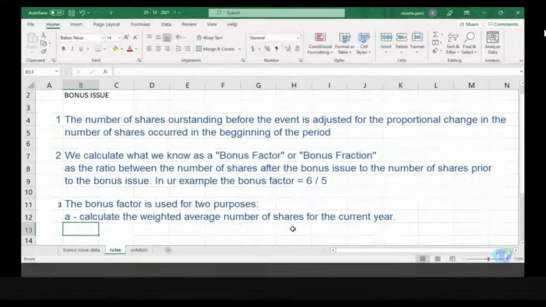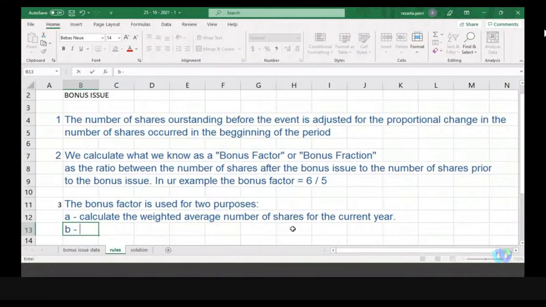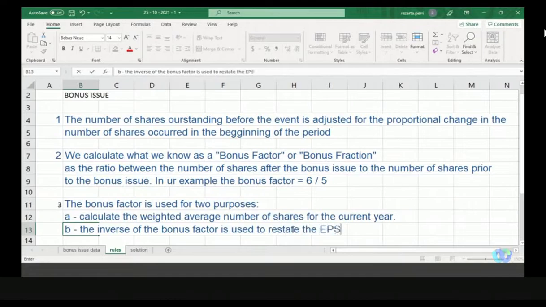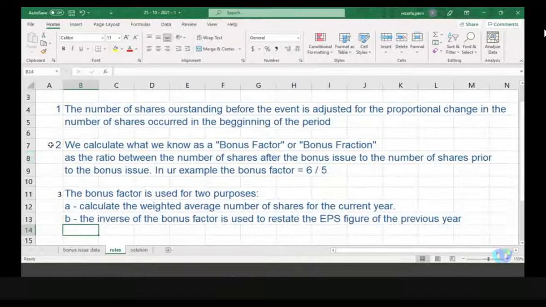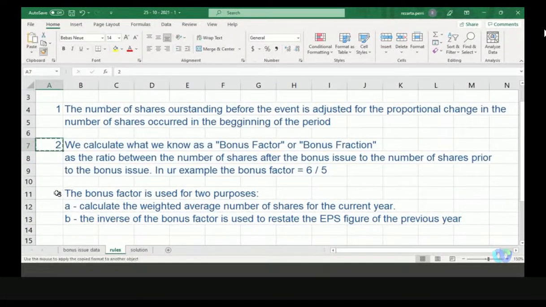And secondly, we use the inverse of the bonus factor to restate the earnings per share figure of the previous year. So this is how we use the bonus factor and why it is important to calculate it.